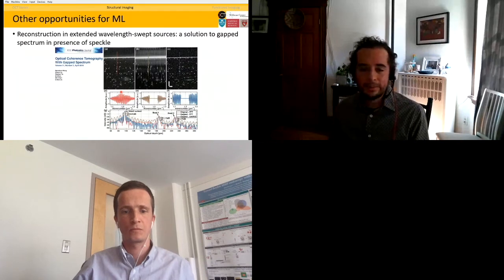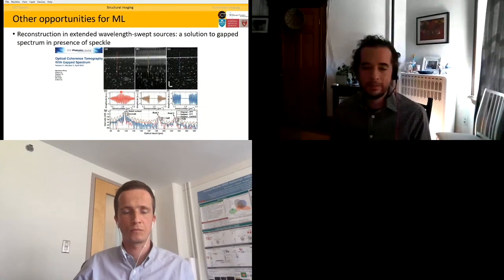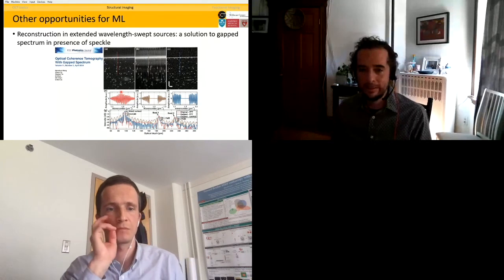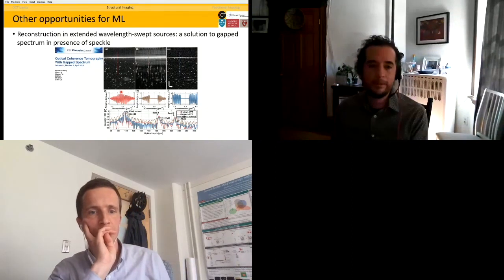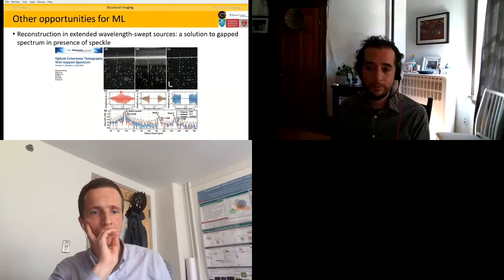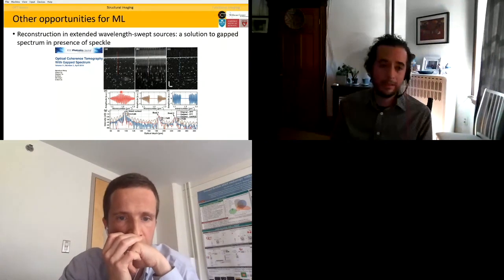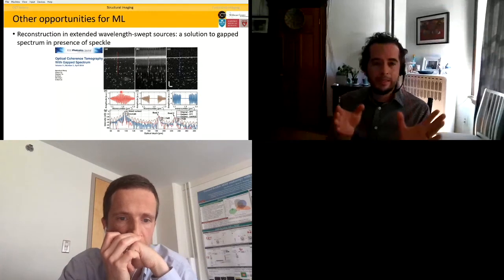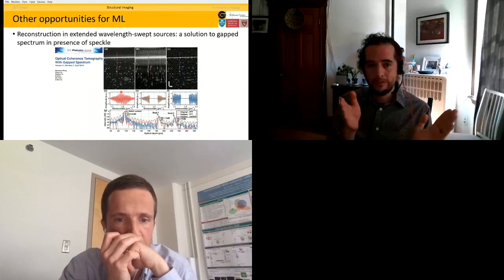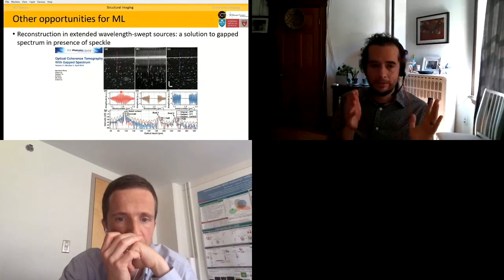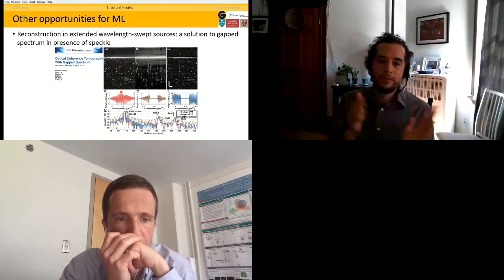I will just mention another opportunity, which is the reconstruction of tomography in extended wavelength swept sources. In the infrared domain, we're limited in terms of the bandwidth that we can achieve because there is limited availability of gain media for these types of lasers.